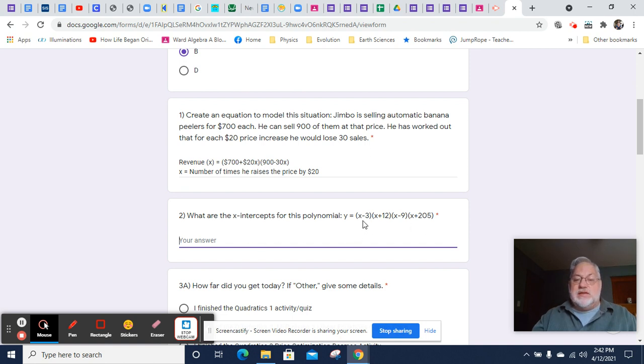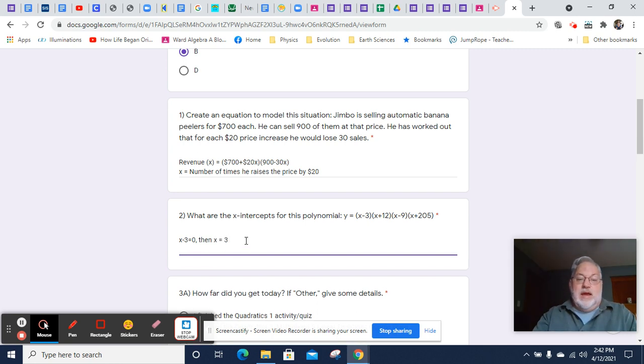And so we're going to have an x-intercept for x minus 3. It'll be what is the x value that makes x minus 3 equal 0? Well, if x minus 3 equals 0, then x equals 3, because 3 minus 3 is 0. And then if we take the next one, x plus 12, we say that equals 0, then x equals negative 12.